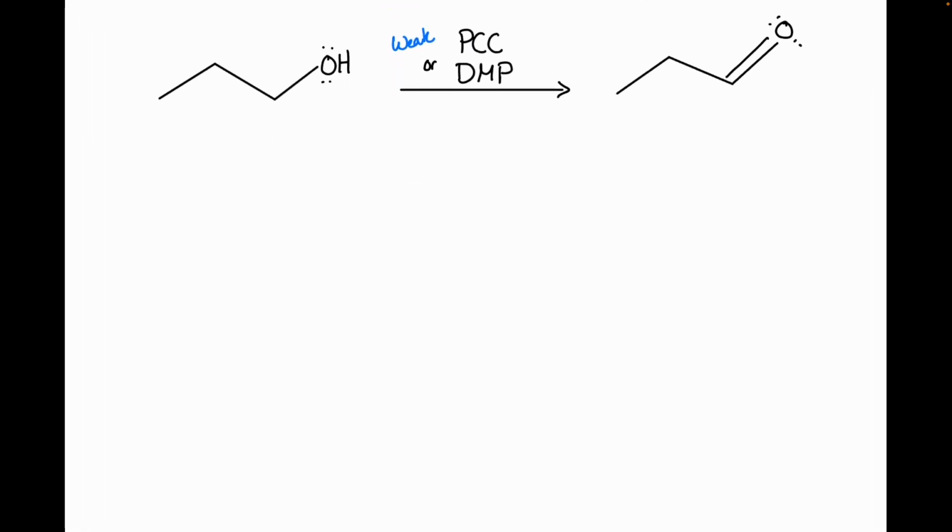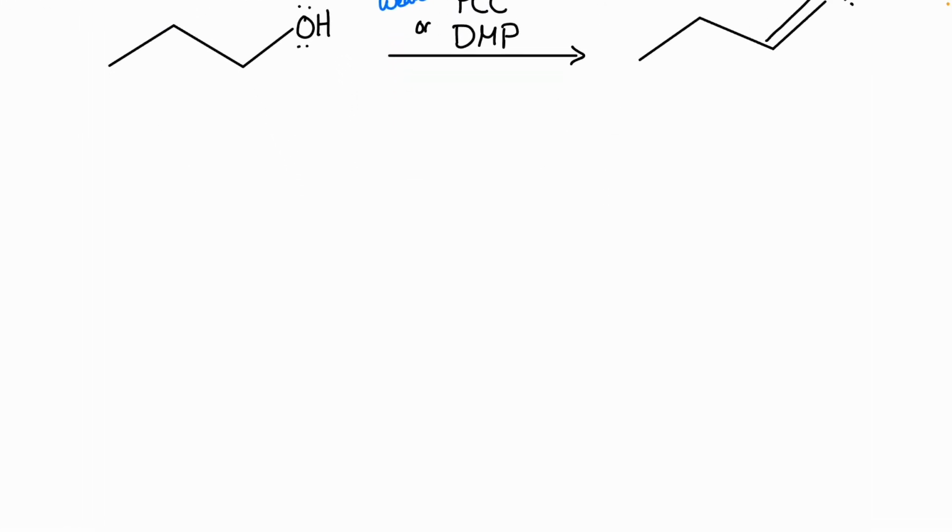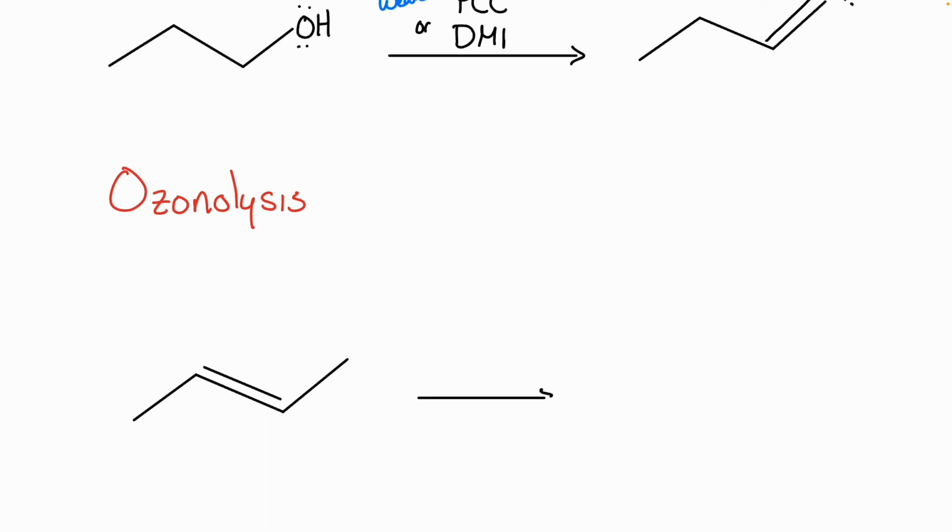All right. Another way is one that we discussed last semester but haven't yet discussed again this semester, so let's just remind ourselves. This is what's called an ozonolysis reaction. This is where we start with an alkene and we treat it with ozone, O3. That's where the name ozonolysis comes from.